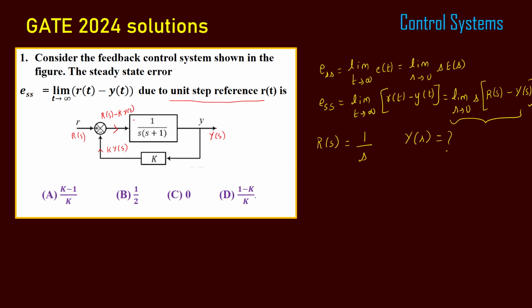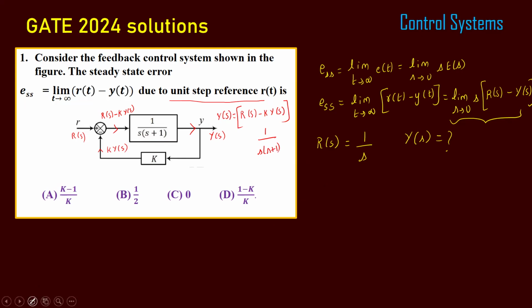The system has gain 1 by S into S plus 1. So the output Y of S will be equal to the input, R of S minus K into Y of S, into the system gain 1 by S into S plus 1.